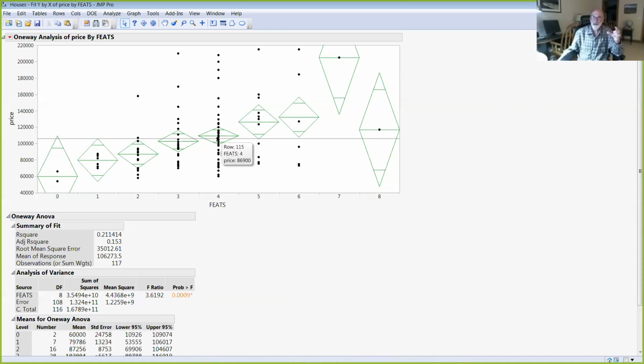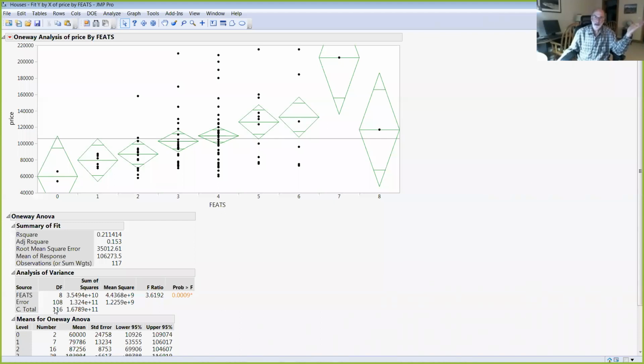The reason they're called errors is that they're unexplained. We can explain the difference between the mean of group 2 and group 6 because it's associated with how many features there are. Why the individual houses with 2 features vary, we have no idea, because there's no data on that here. We're just saying that's random variation, so it's called the error sum of squares.